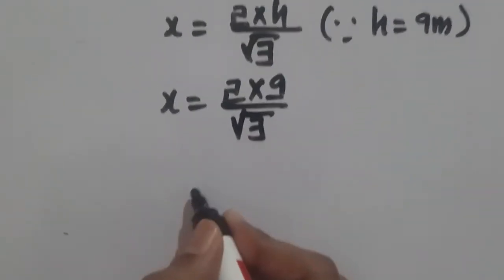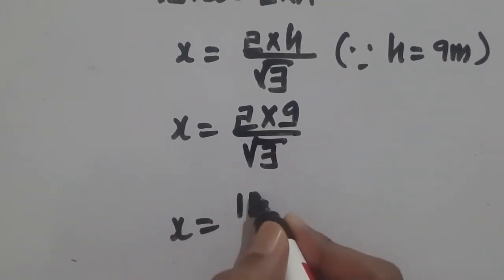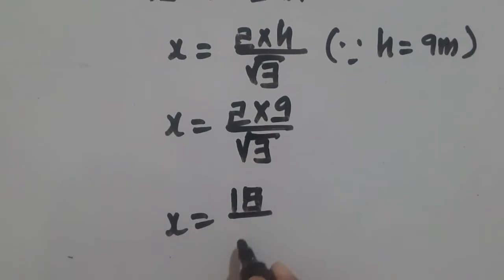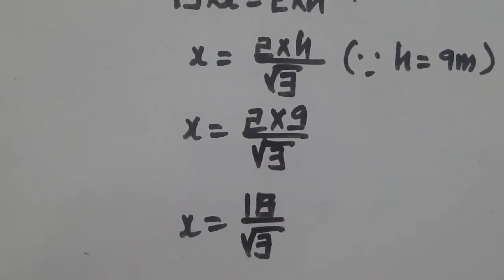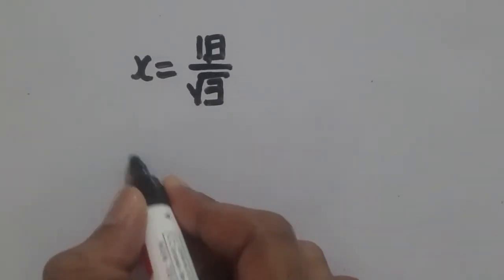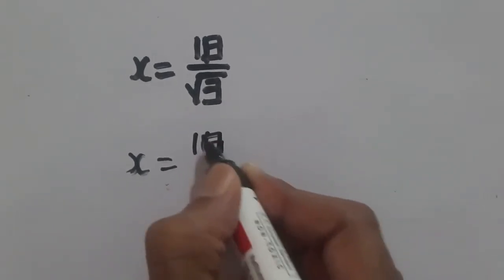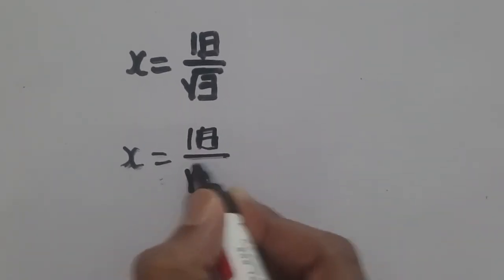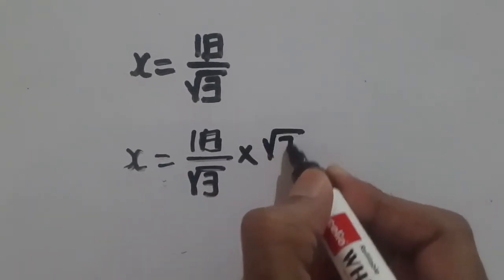Now X is equal to 2 nines are 18, 18 by root 3. Now rationalizing with root 3, therefore X is equal to 18 into root 3, multiplying and dividing by root 3.